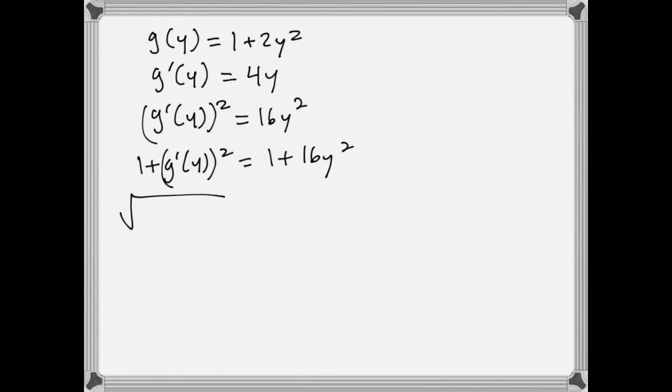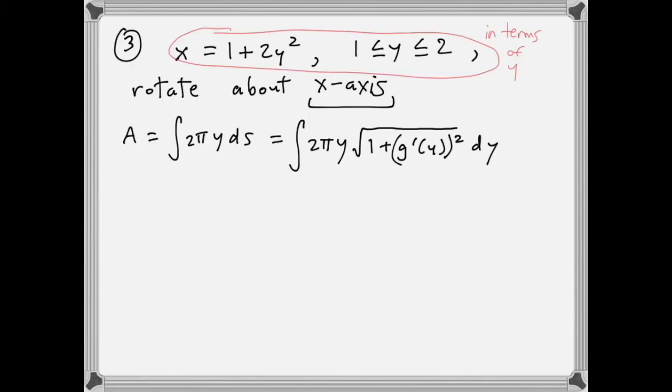And then finally, the square root of 1 plus g prime of y squared is just the square root of this, right? It is not a perfect square, so we have to leave it under the radical. So let's go back to the previous page.